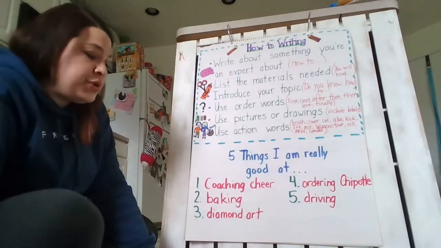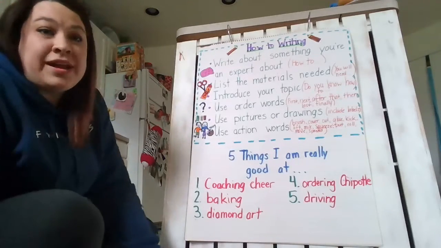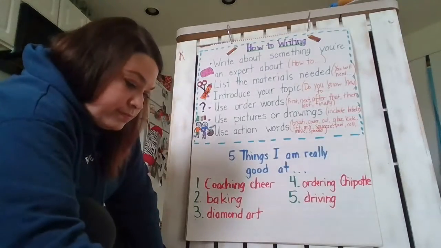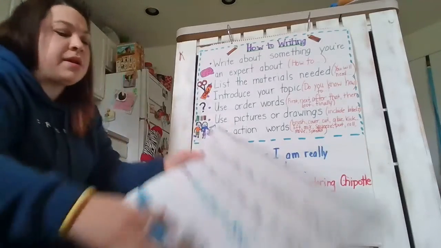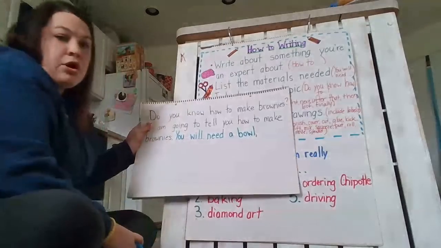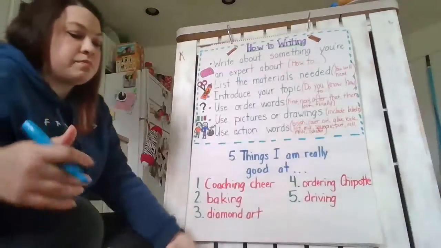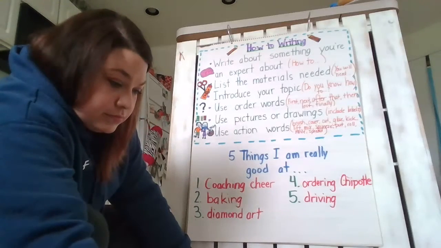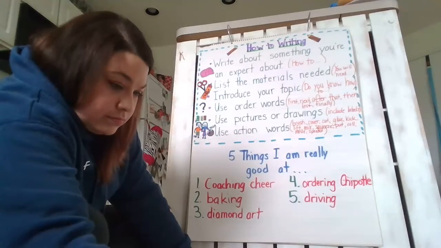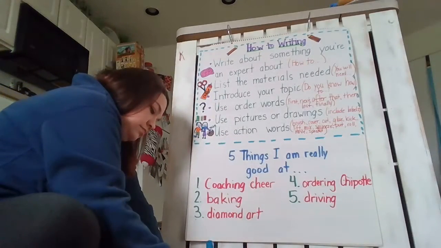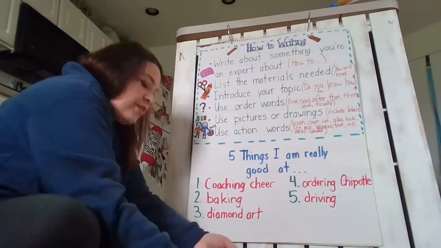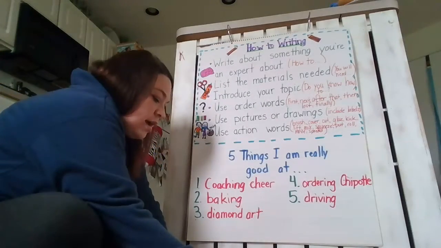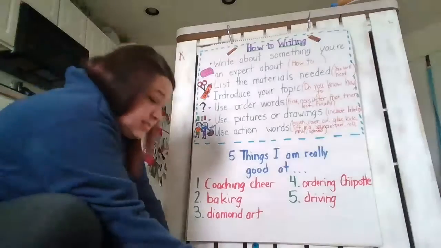So we're going to say, you will need, okay, and when Carly and I made the brownies, we needed a bowl, and then that's where I'm going to put my comma, right after this. You will need a bowl. There's my comma. A mixing spoon. Another comma because I still have more things to write. The brownie mix.